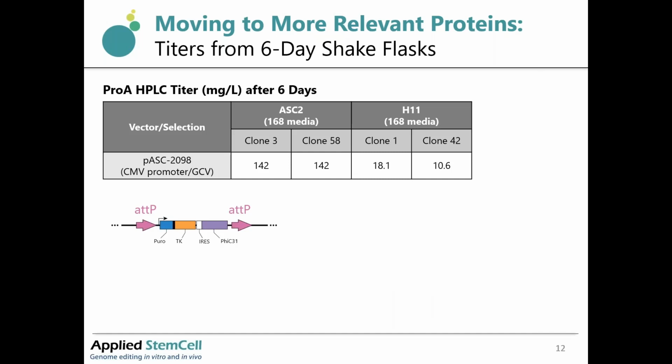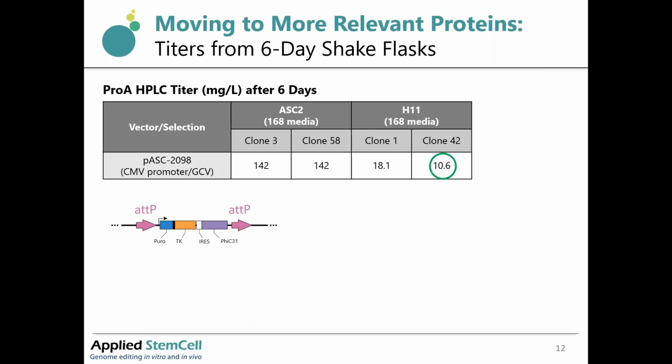The titers from 6-day shake flasks by HPLC showed 2 clones with about 142 milligram per liter from ASC2 sites and 2 clones with 10 to 18 milligram per liter from H11 sites. This confirmed that the protein expression level is higher at ASC2 sites than H11 site.